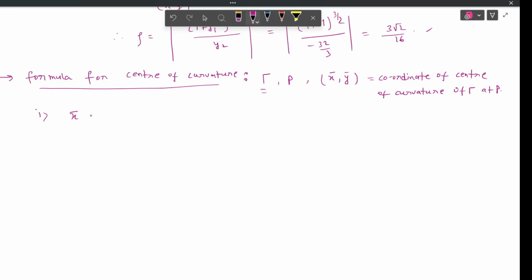So x bar would be, the formula is, x minus y1 into (1 plus y1 square) divided by y2, and y bar would be y plus (1 plus y1 square) by y2.